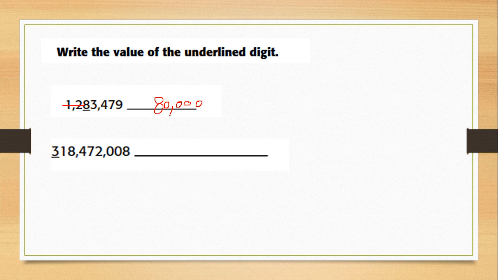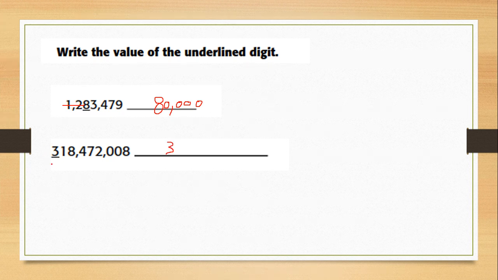Okay. Now your turn. Come on, answer this one. Okay, I'm waiting for your answer. Okay, welcome back. Can you tell me what is the value of 3? Super. First of all, we will write number 3. Yeah, great.